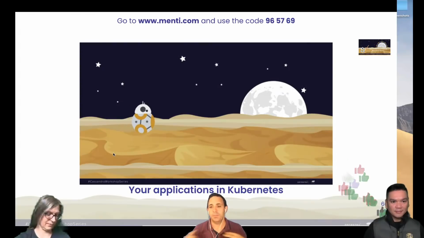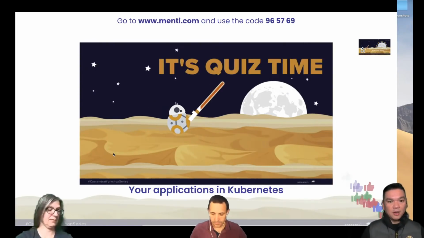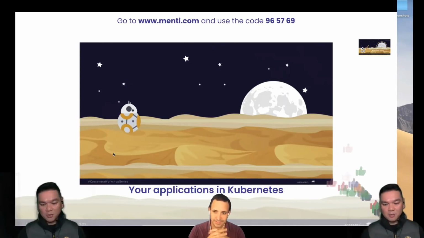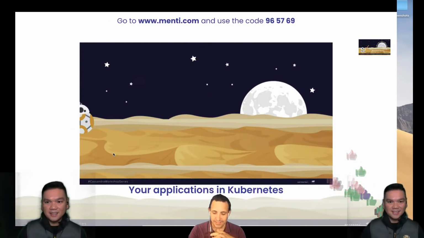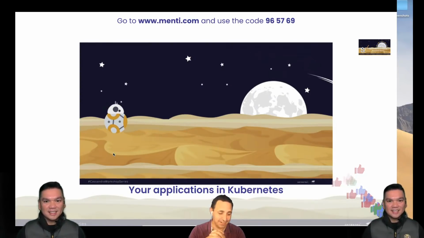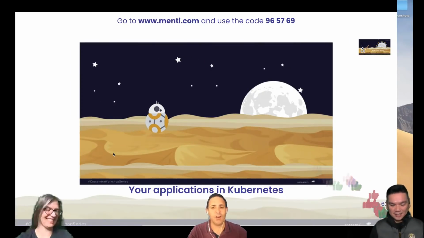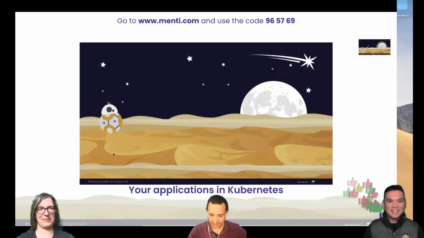All right, I will wait for you. I have 60 people there. We've got 500 on the stream, so I wonder how many we'll get on MENTI. 500? Oh my God, amazing. Let's see how many people join. 63? We can do better than that.